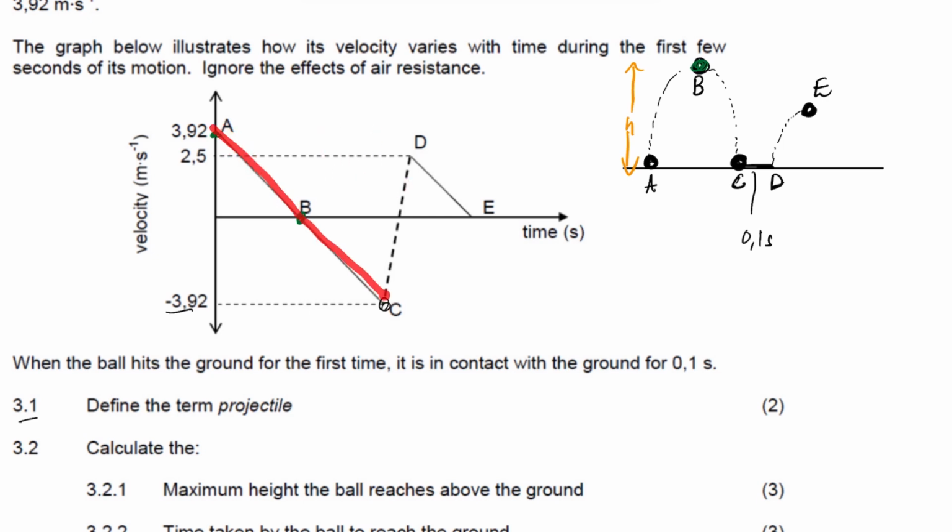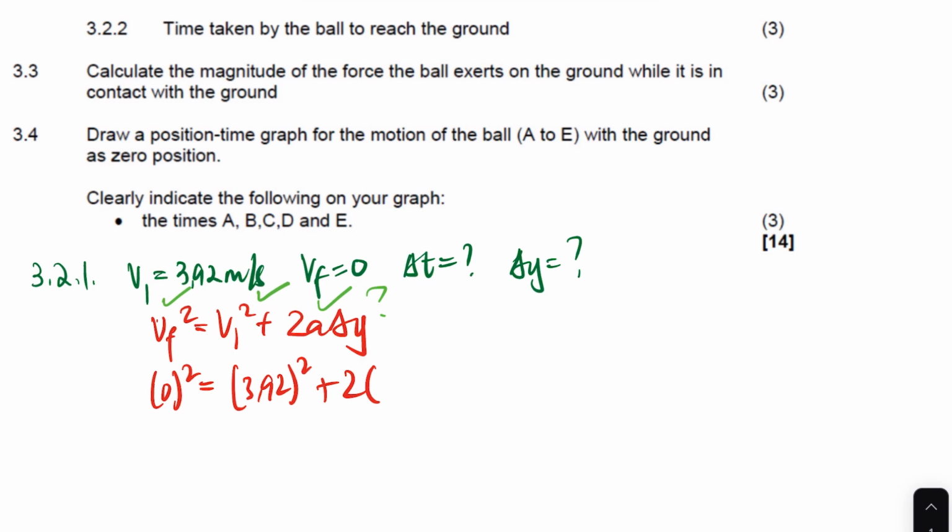If you look at the slope of the graph here, it's a negative slope. The gradient of the velocity versus time is the acceleration. So acceleration is negative. You can see the slope there, it's negative 9.8, and the change in y.